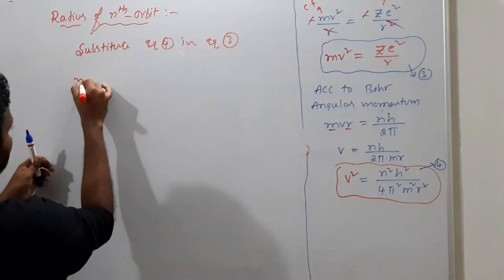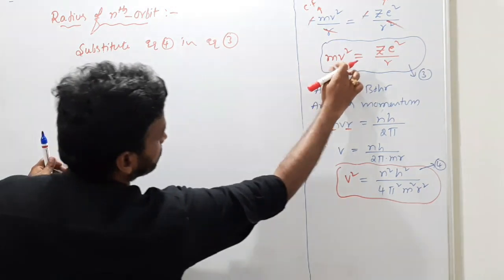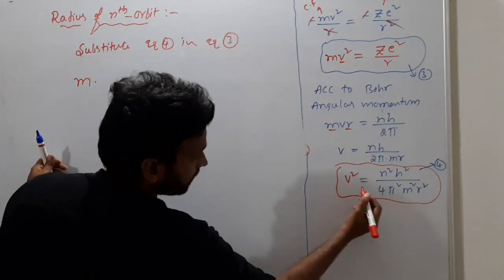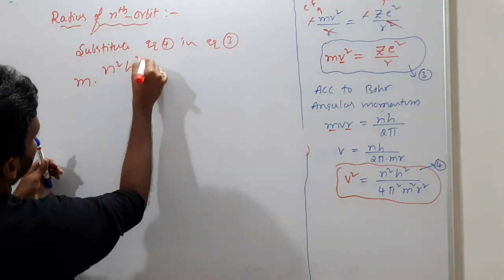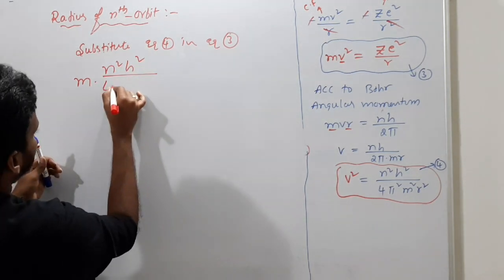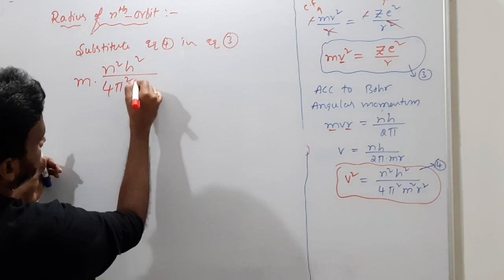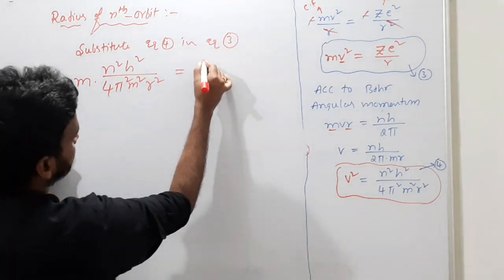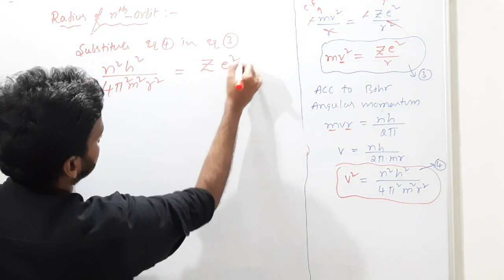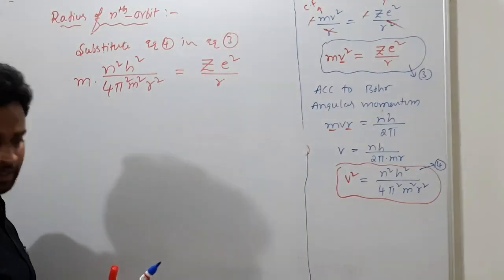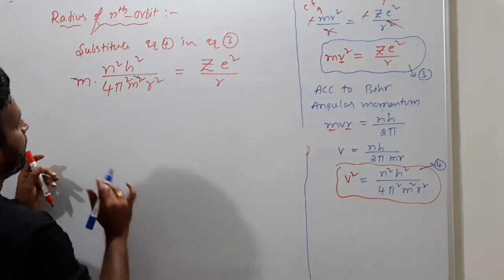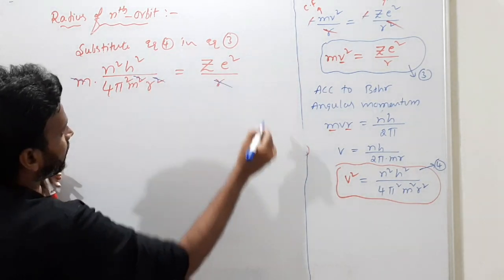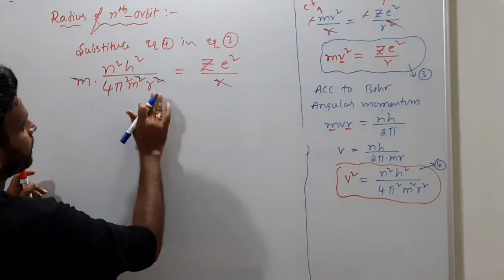What will cancel? This m will cancel and this r square and r will cancel, so radius remains.